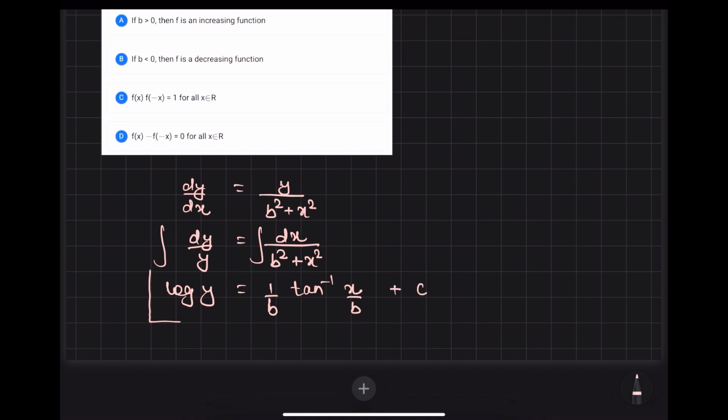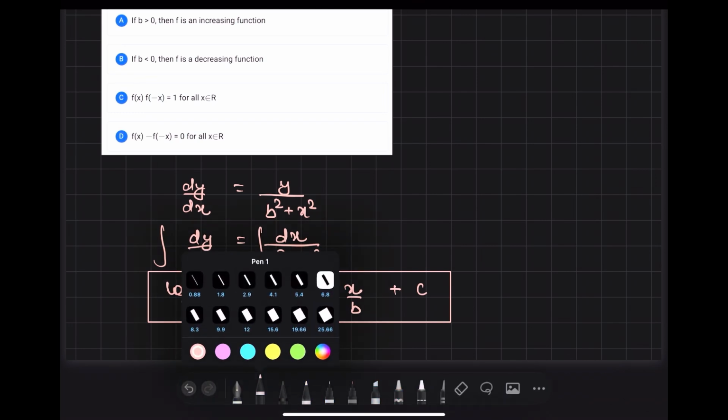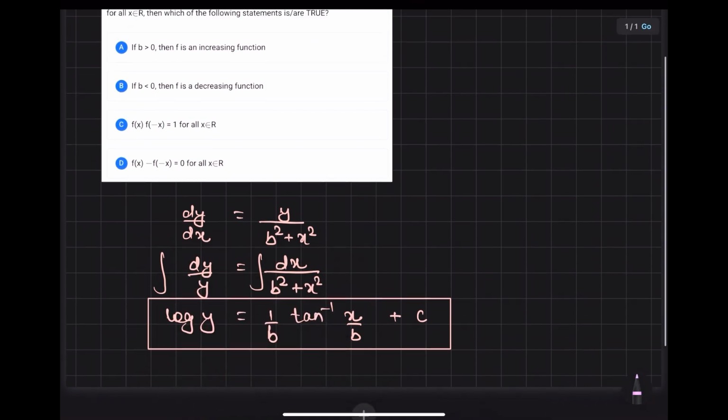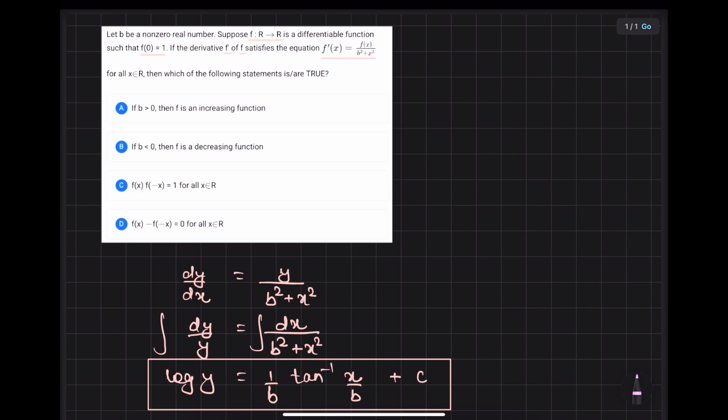So this is our function. You have to calculate the value of integration constant c. Now how will we find the integration constant? So for that they have given this point. So our curve will pass through 0 comma 1, so you have to replace x with 0, y with 1.